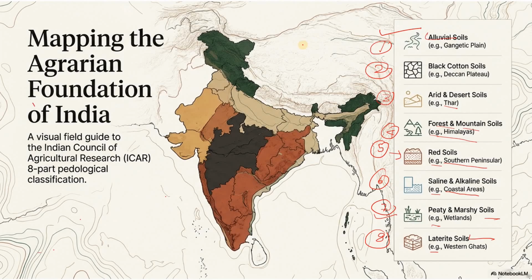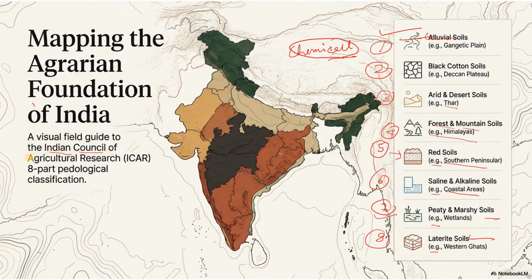We will also cover the chemical composition that the soil is made up of, its physical properties, and which kinds of crops are suitable for growth in this kind of soil. We will study everything in detail, and this soil classification has been given by ICAR.